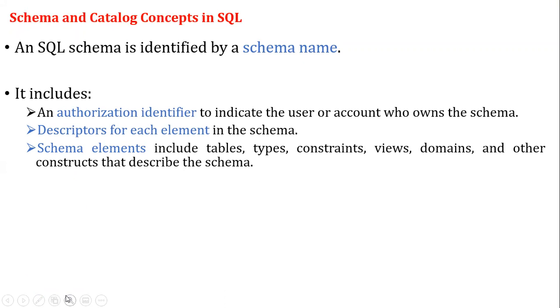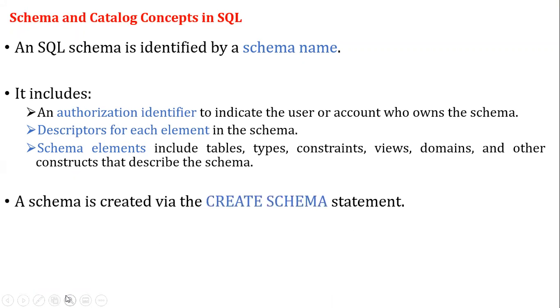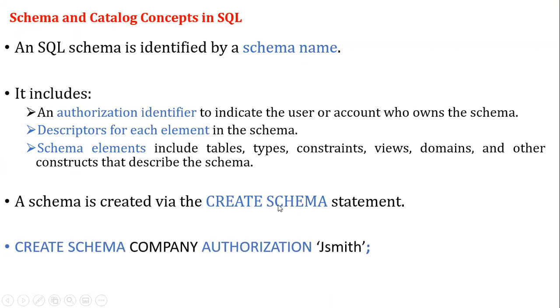The different schema constructs can also be specified with the create schema statement. The general syntax is the keyword create, then schema. Example: create schema company authorization Smith. So the owner of the company database is Smith.